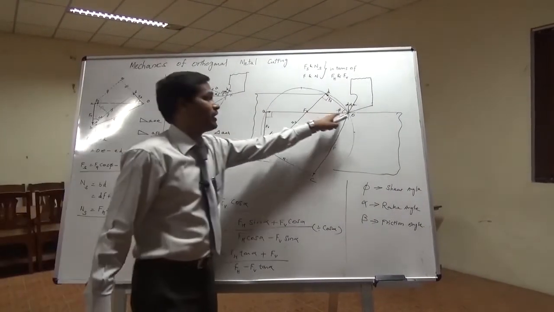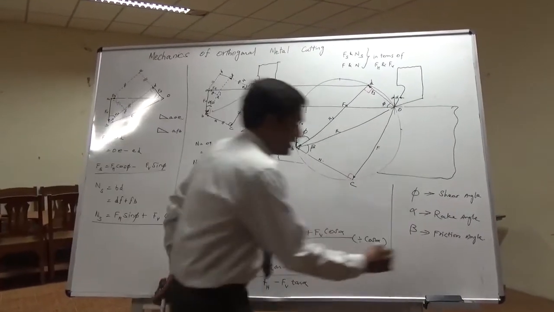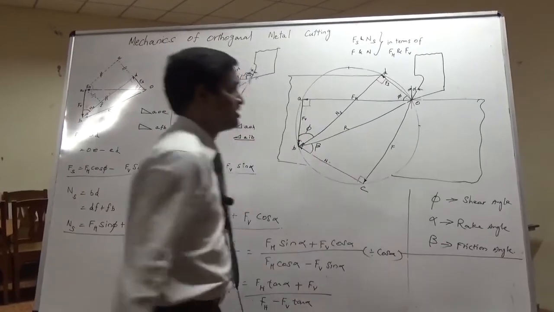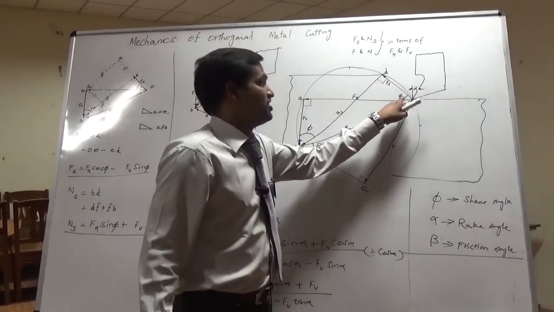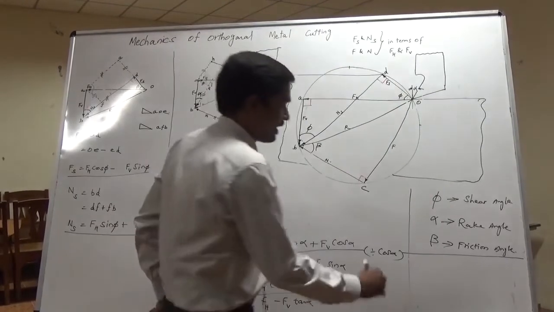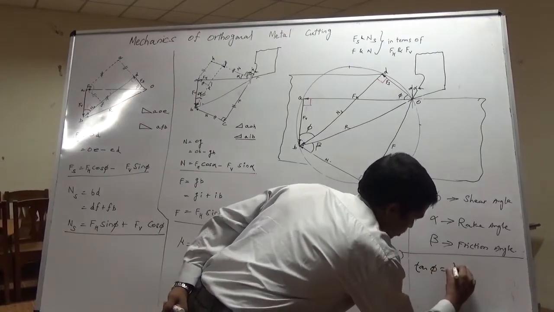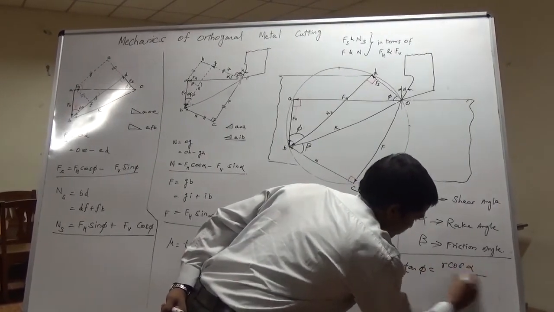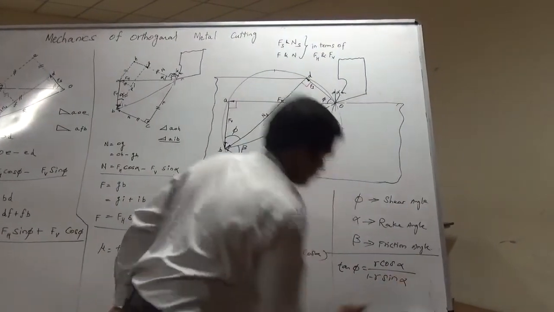Phi is shear plane angle and alpha is back rake angle. That relationship in the next session we can discuss. Relationship between shear plane angle and back rake angle, that's tan phi is r cos alpha divided by 1 minus r sin alpha.